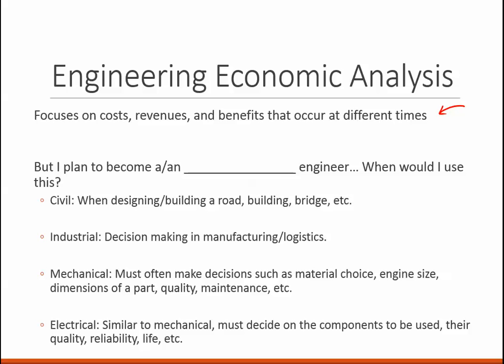So again, you need to understand this. Industrial, so manufacturing and logistics, actually industrial engineering, that's usually where this class is, in a college that has several engineering majors. Engineering economics is either part of the civil engineering department or industrial engineering department. Now, that's not to say that mechanical or electrical can't use it, because they too need to make decisions, and they need these decisions to be economically sound, of course.